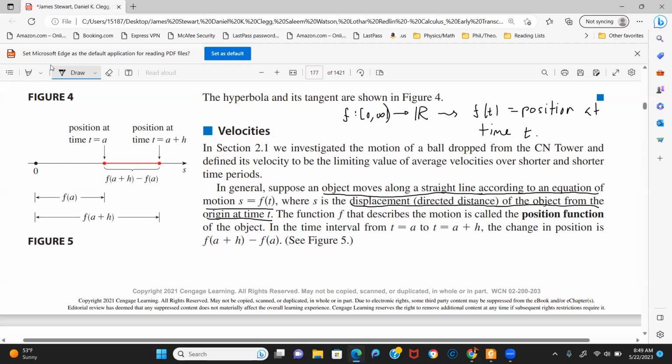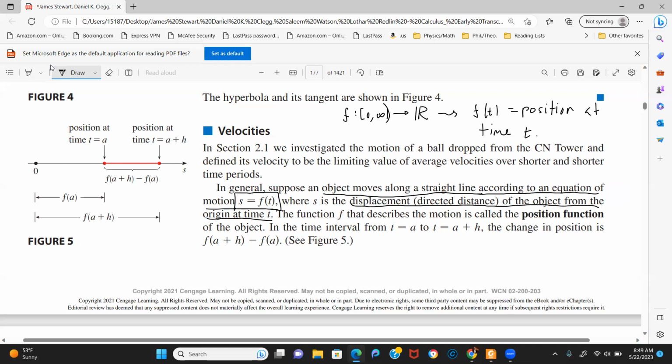Well, it turns out that, as I indicated earlier, the velocity is just the derivative of the position. It's going to be the derivative of this function right here, f of t, with respect to time.